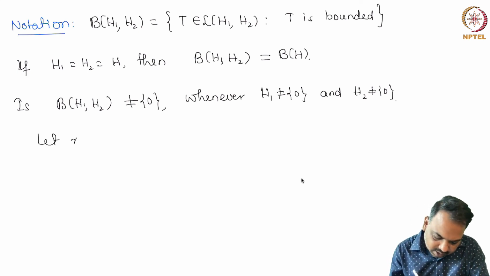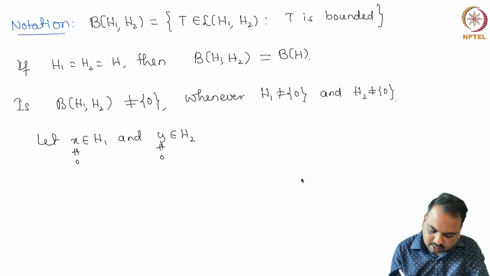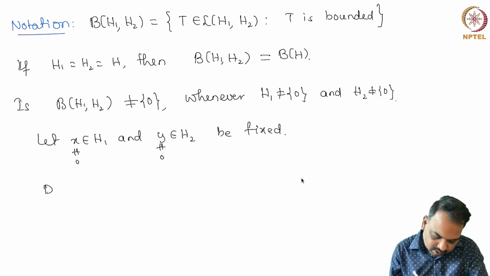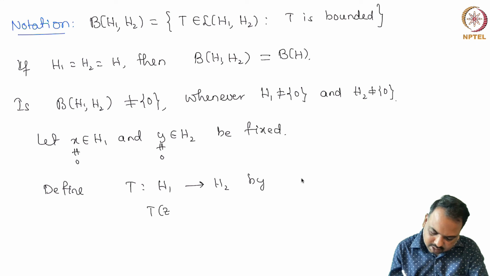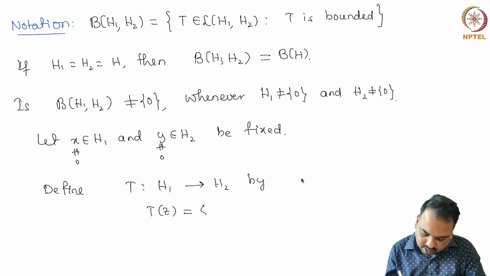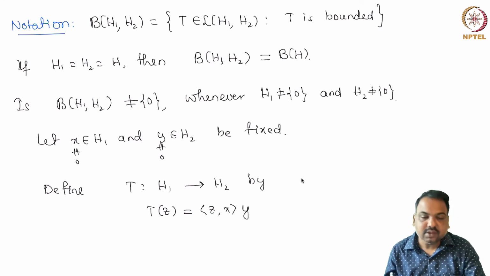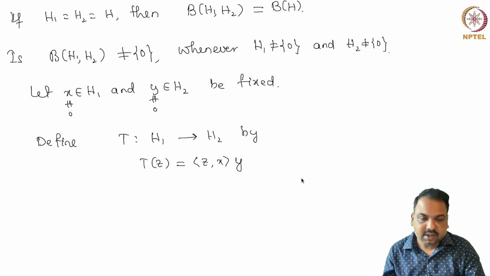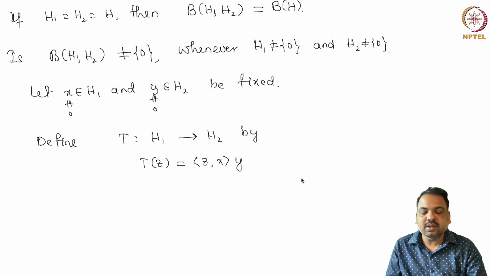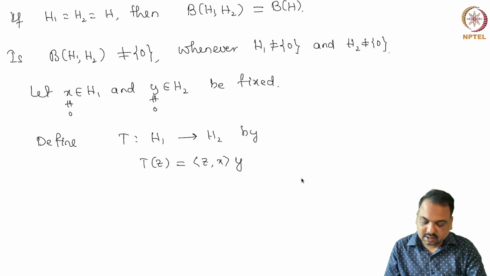Let us take x in H1 and y in H2, both non-zero, two fixed elements. Define T from H1 into H2 by T of z equals the inner product of z with x multiplied by y. This inner product is in H1 and y is an element of H2. On the whole, this is a scalar multiple of an element of H2, hence its value is in H2.